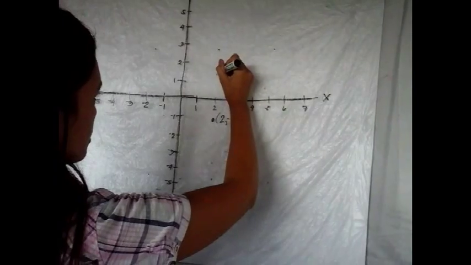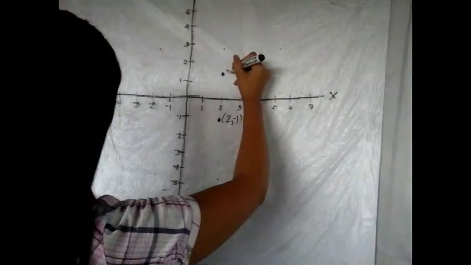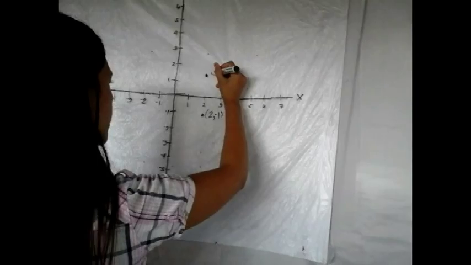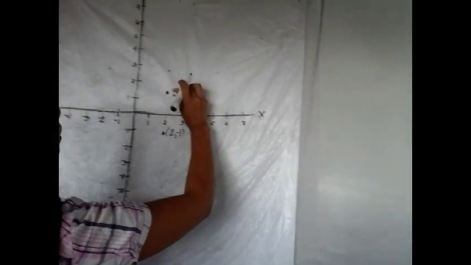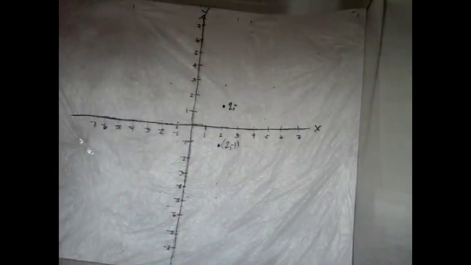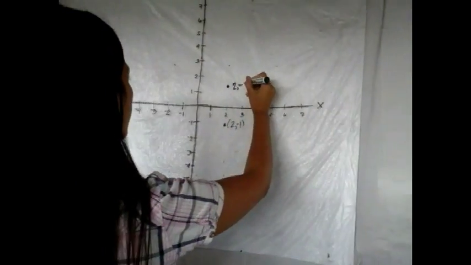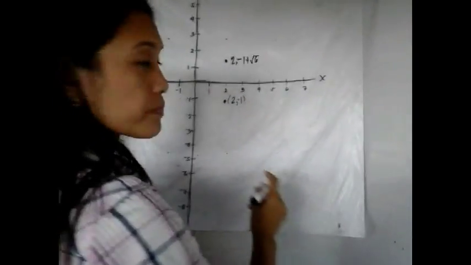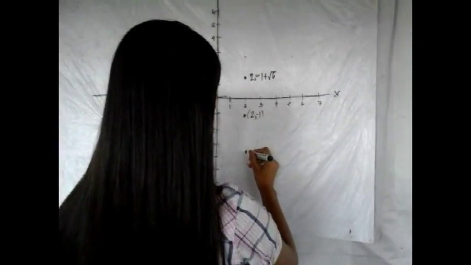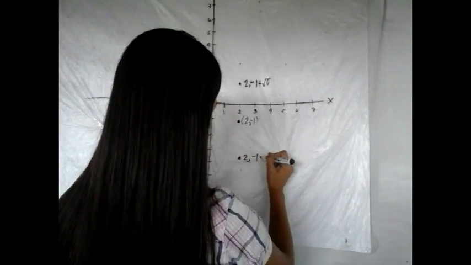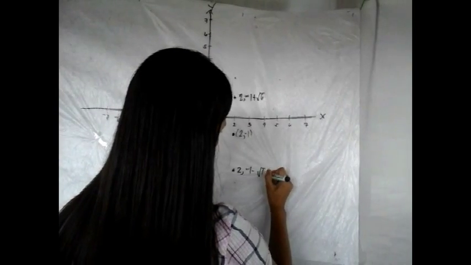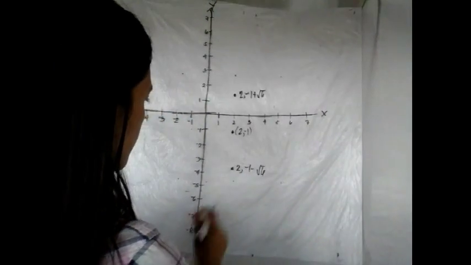So this is our vertex 1: 2 and negative 1 plus positive square root of 6. Then our vertex 2, we have 2 and negative 1 minus square root of 6.